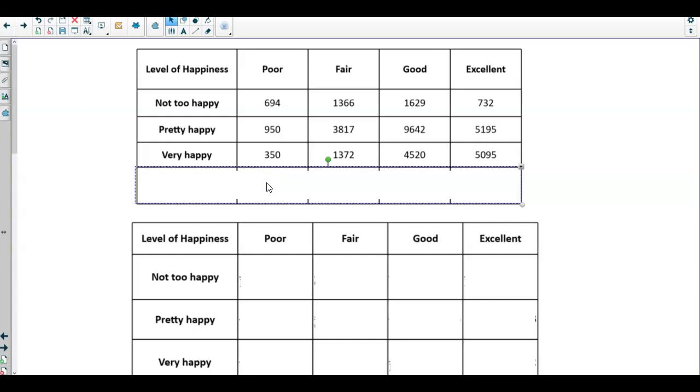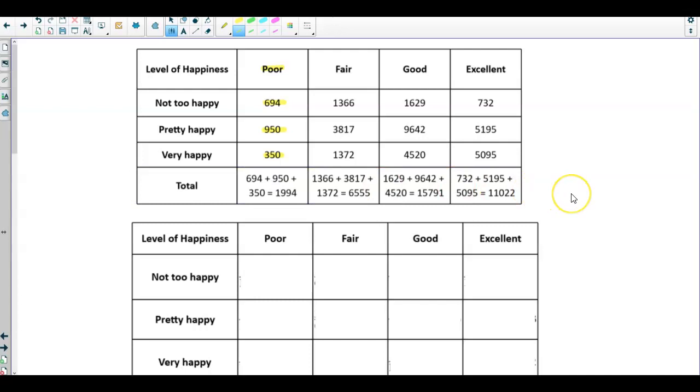If we want to find the total for the poor column, we add 694, 950, and 350, which gives us a total of 1,994.